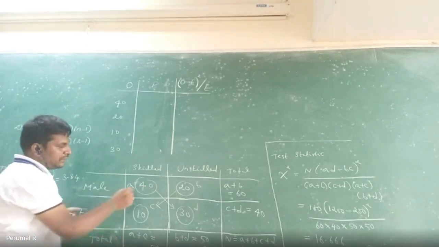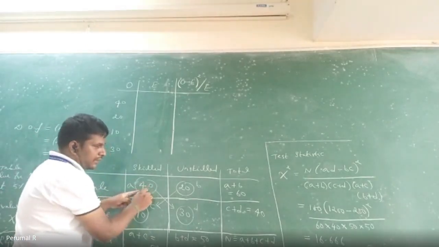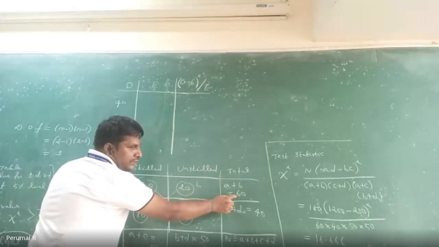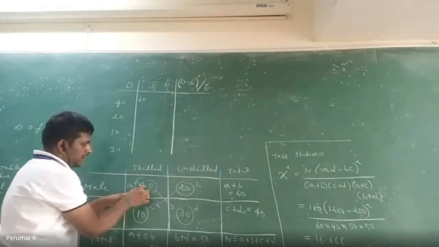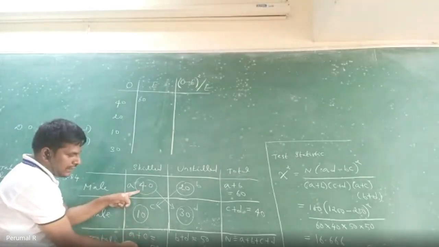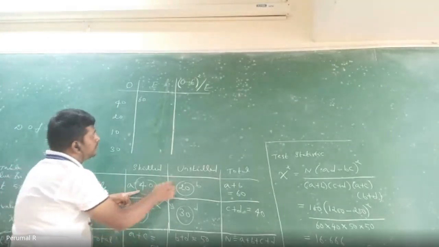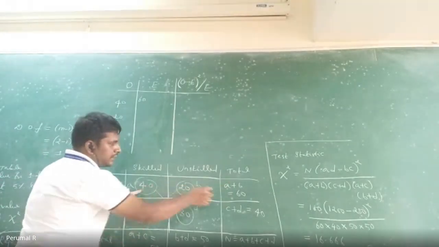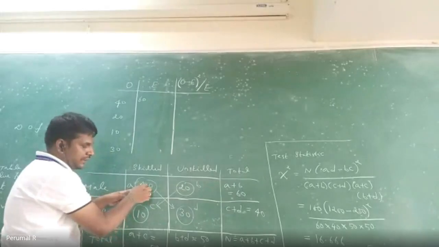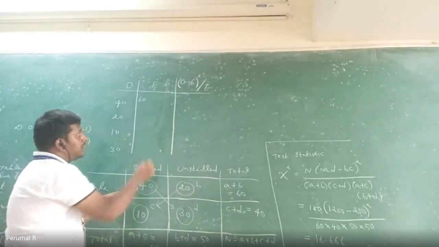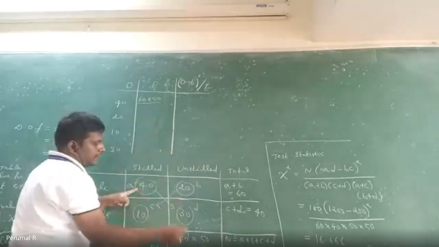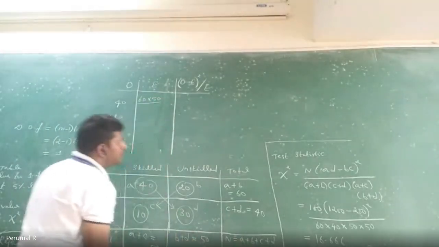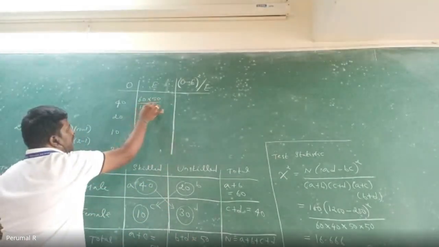That 40 is present in a row whose total is 60, and it is present in a column whose total is 50. So the row total 60 into the column total 50, divided by the grand total, which becomes 100.